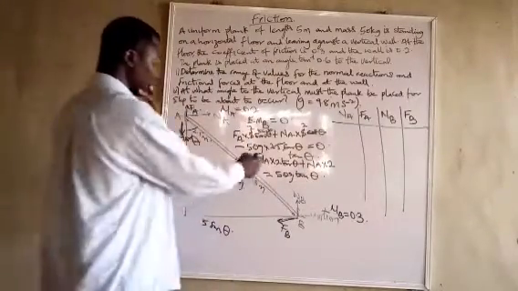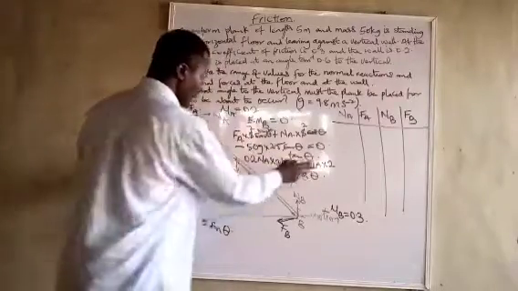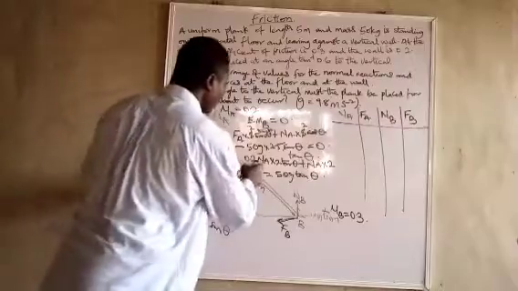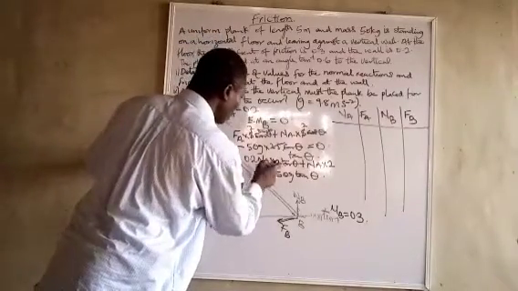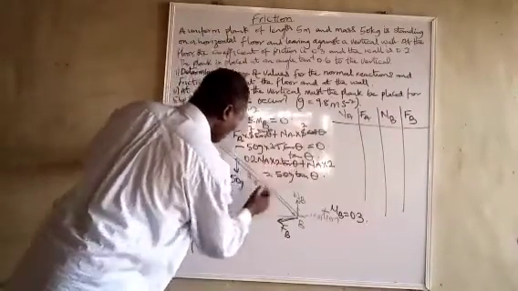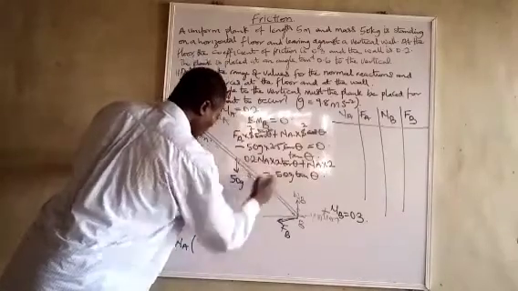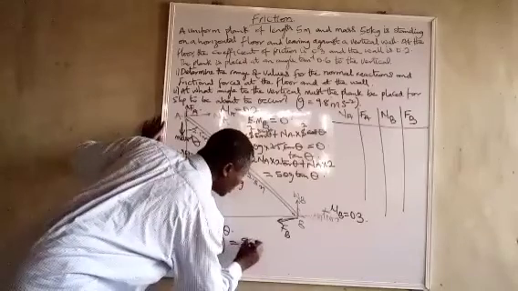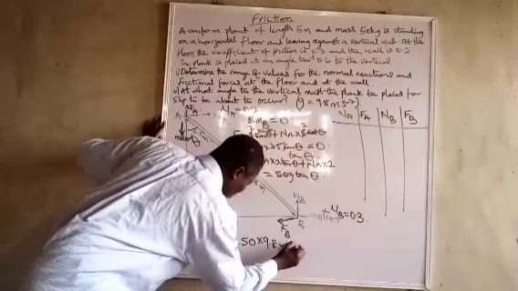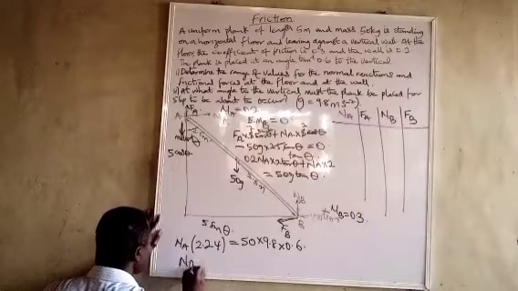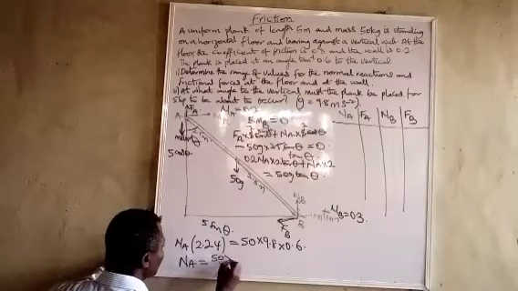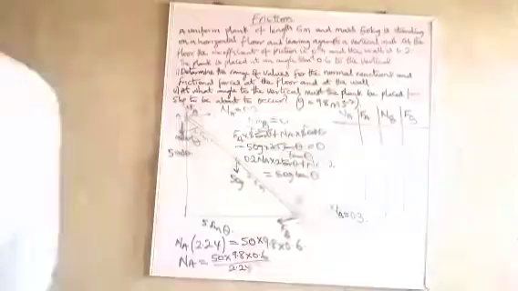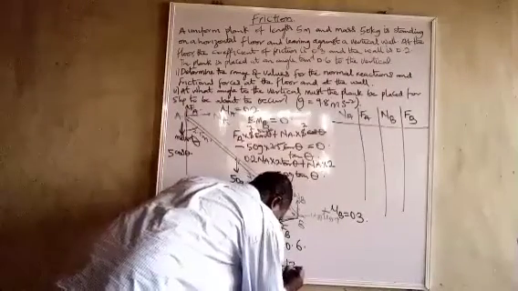You can see, I divided through by cos. So let me now bring this here. I'm going to have NA times, tan theta is 0.6, so 1.2 plus 0.24, so 2.24 is equal to 50 times 9.8 times 0.6. So NA will be equal to 50 times 9.8 times 0.6 divided by 2.24. So that will give us 131.25.